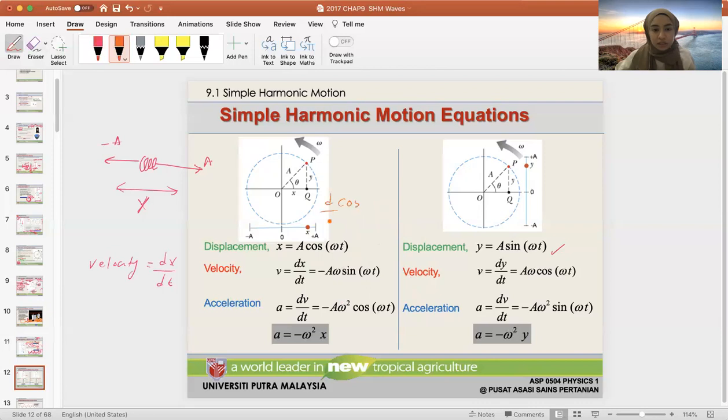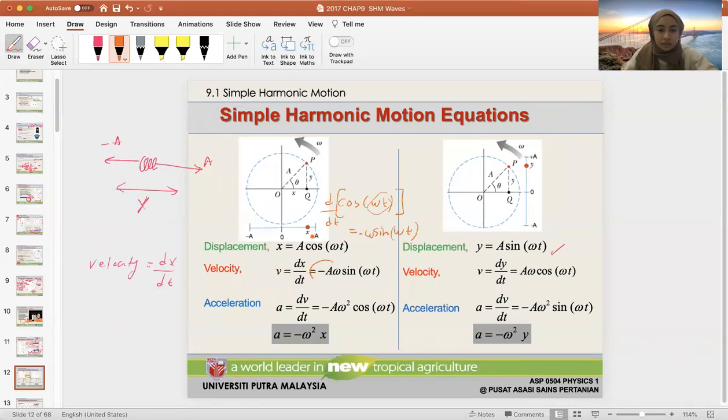So d dt of cosine omega t, the differentiation of cosine omega t with respect to t, is minus sine omega t, and then I differentiate what is inside here, bawa keluar omega kat sini. Sekejap. Okay. So this becomes minus omega sine omega t, right? Saya baru differentiate cosine.